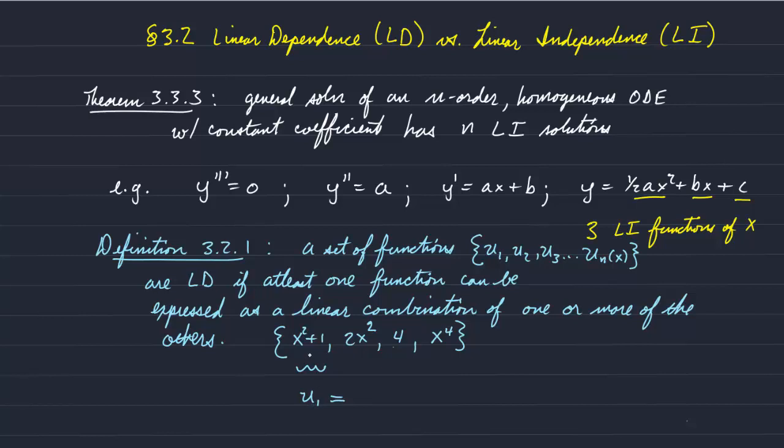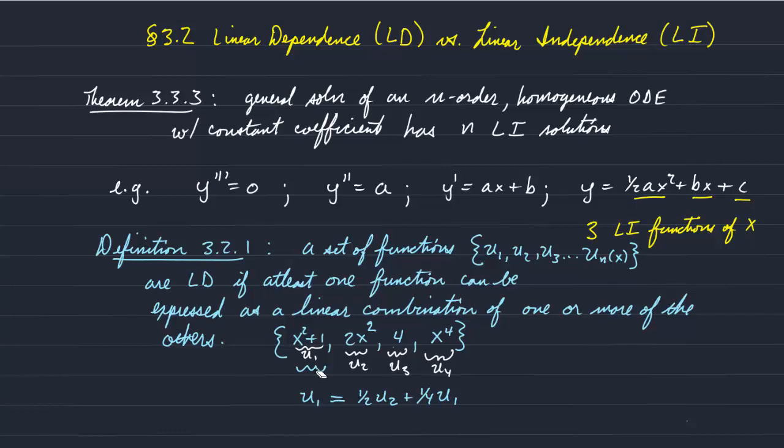So we can see that u1 is equal to 1/2 of u2 plus 1/4 of u3.